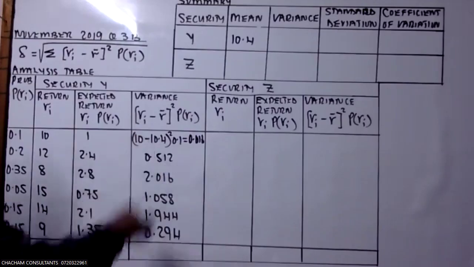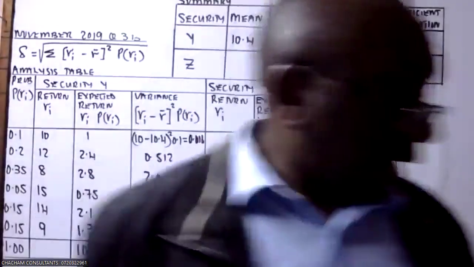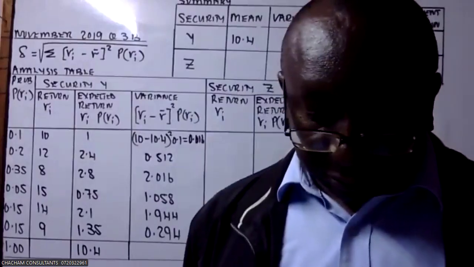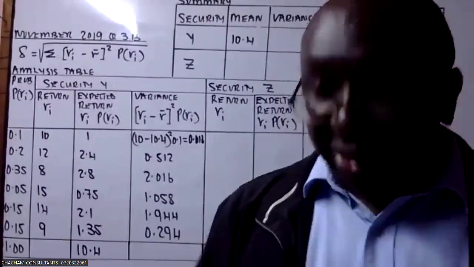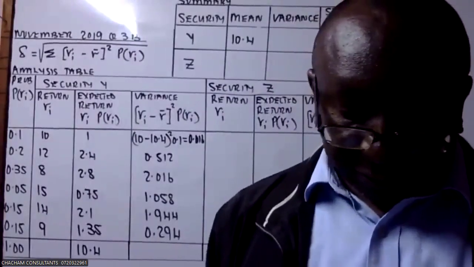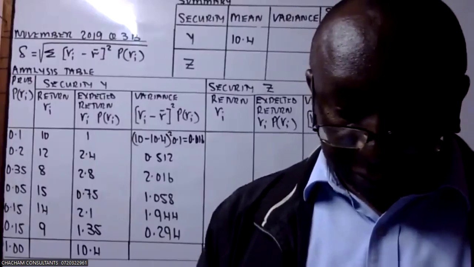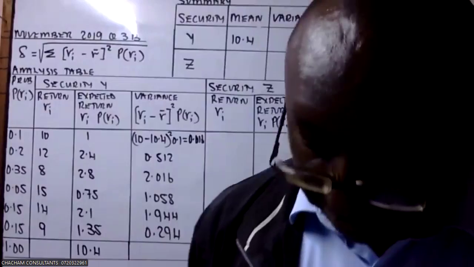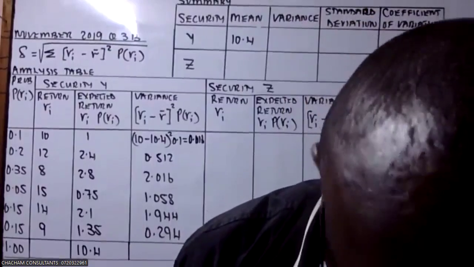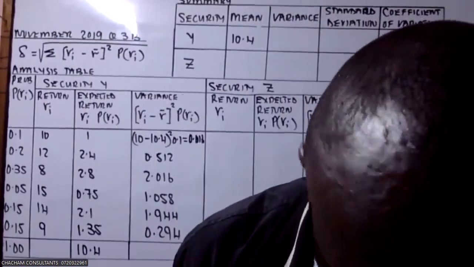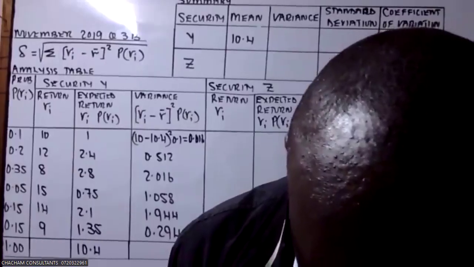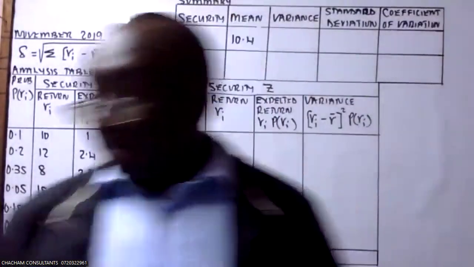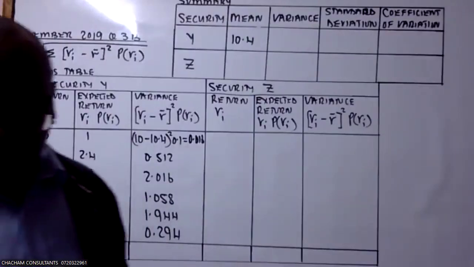So now, get the total there. Get the total of those variances. So total 5.84.